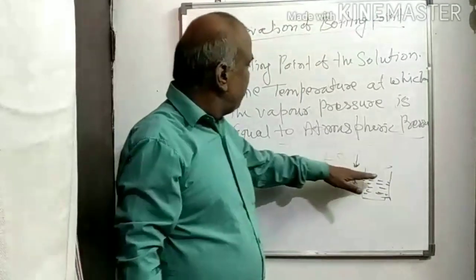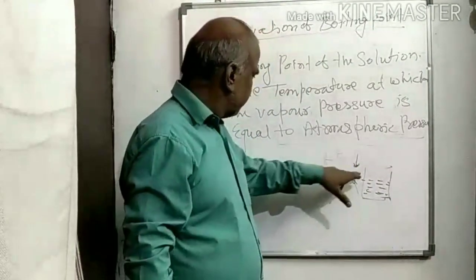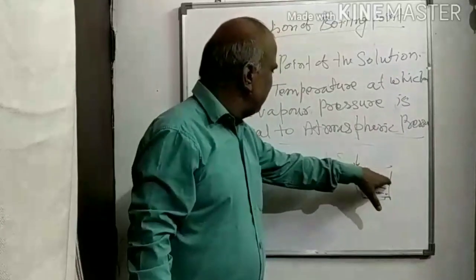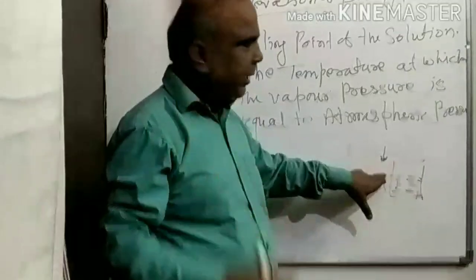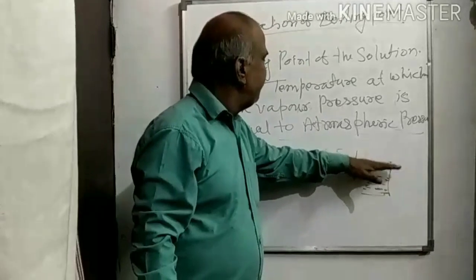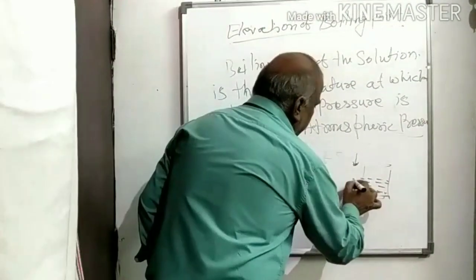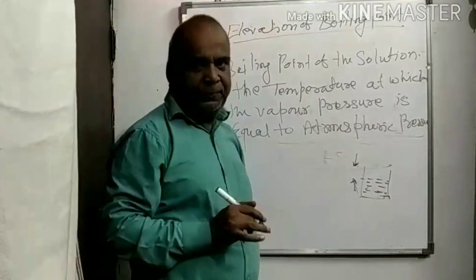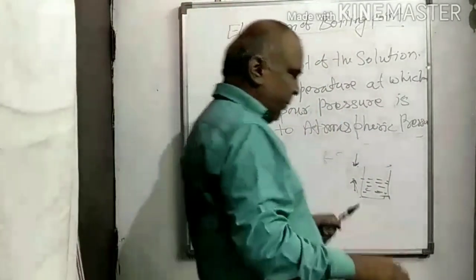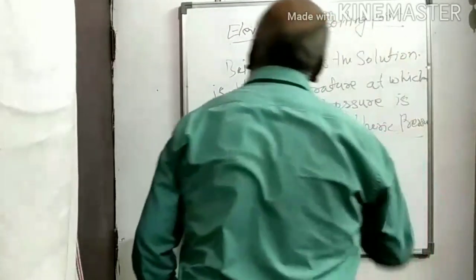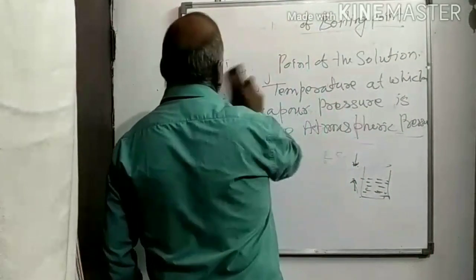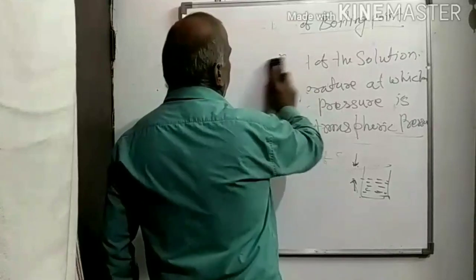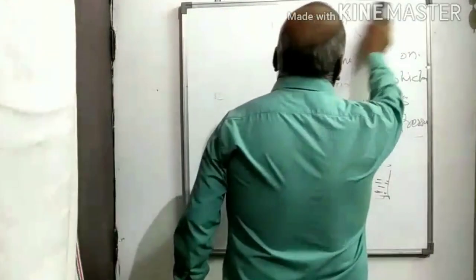At the particular condition when it comes to equilibrium, that is ideally, then the liquid rises because the vapor pressure becomes more than the atmospheric pressure. It can be better understood by using the graphical method to calculate the boiling point.